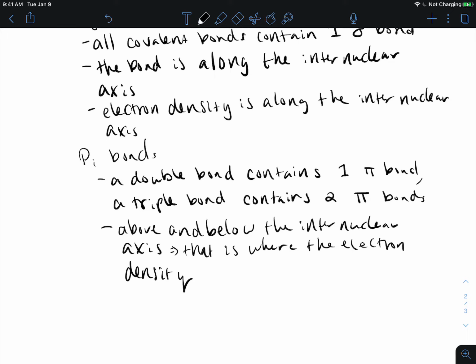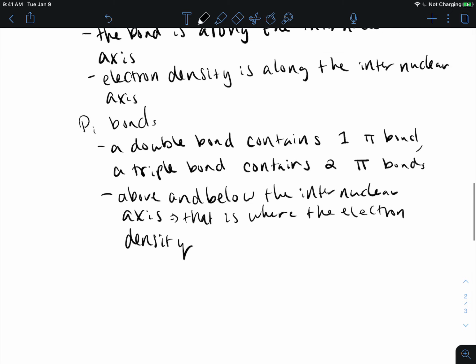If you have one pi bond, you can call it px overlapping px. If you have two pi bonds, one's px px, one's py py. But they will be the same orientation in space in order to get them to align and produce that direct overlap. If they are not directly parallel with each other, they will not produce that pi bond.